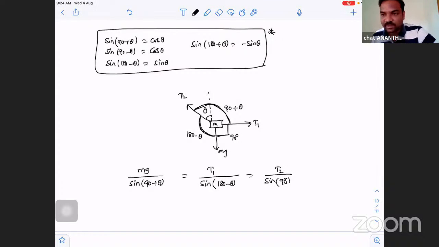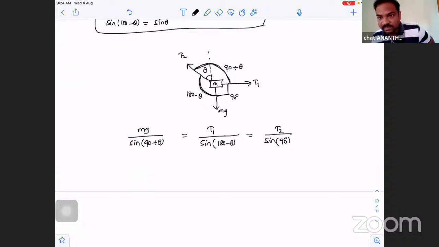Okay, that's why I gave all these things: sine of 90 plus theta, sine of 90 minus theta, sine of 180 minus theta. I've given all these values; they will be useful in solving with Lami's theorem.